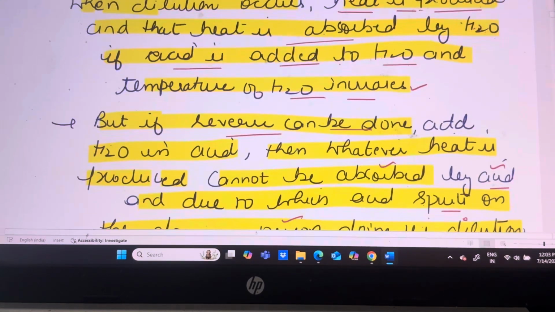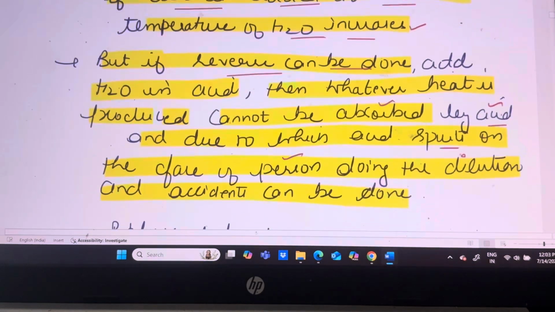But if you do the reverse, means if you add water to acid, then whatever heat is produced cannot be absorbed by the acid, due to which acid spurts on the face of the person doing the dilution and an accident can happen.